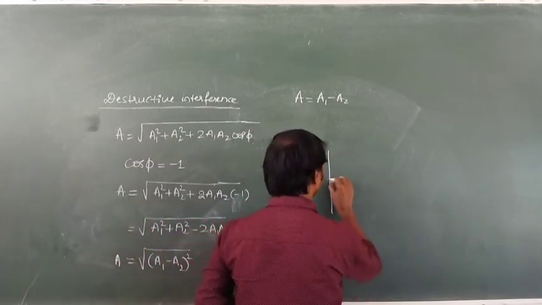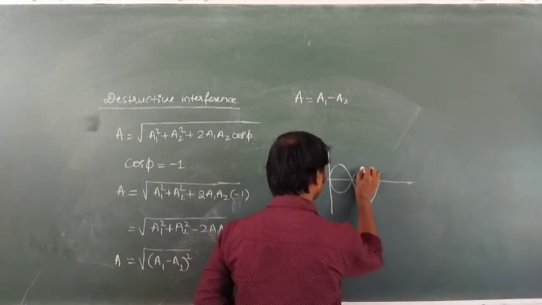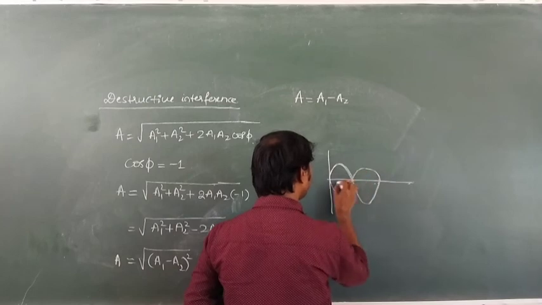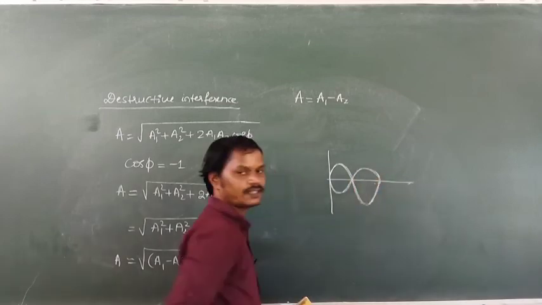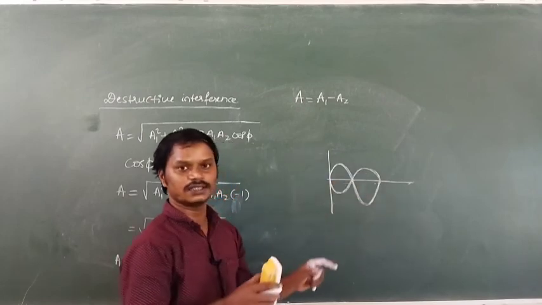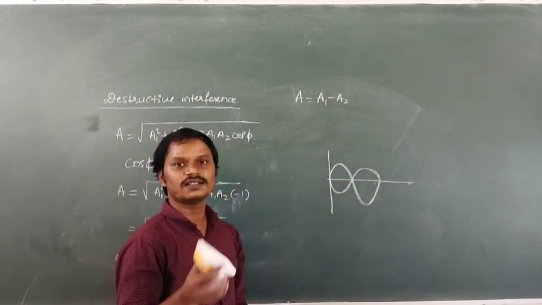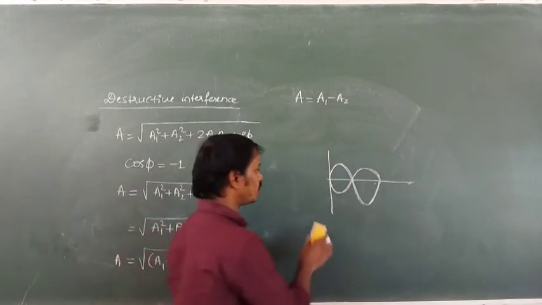See, this is one wave and this is another wave. Crest of the first wave falls on the trough of the second wave, and the trough of the first wave falls on the crest of the second wave. This type of interference is called destructive interference, and in destructive interference amplitudes get subtracted.